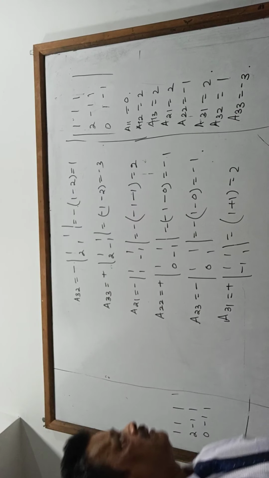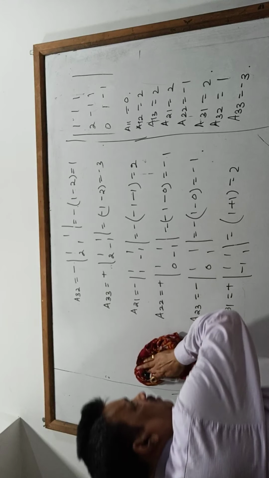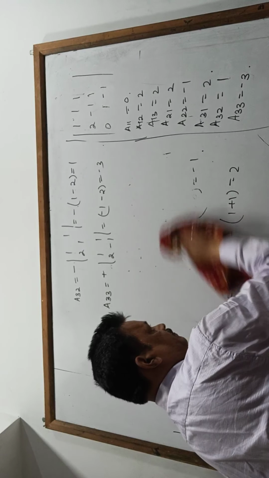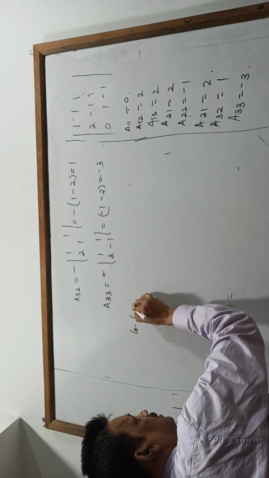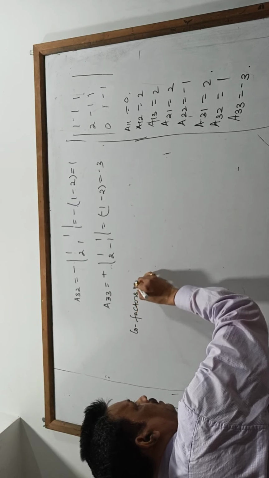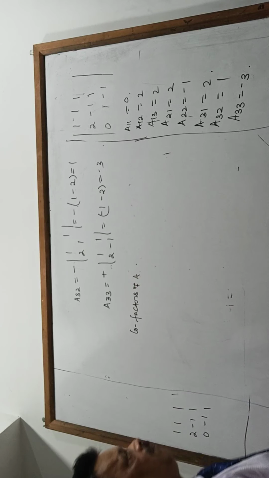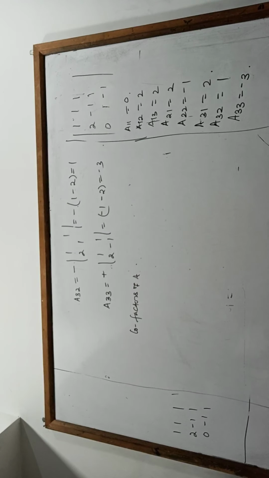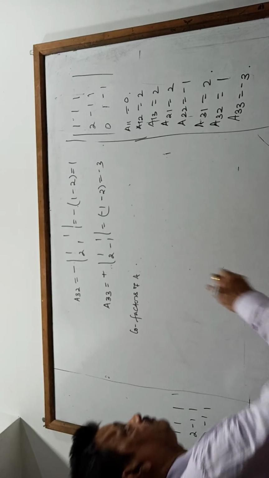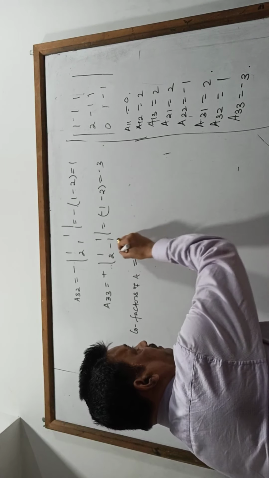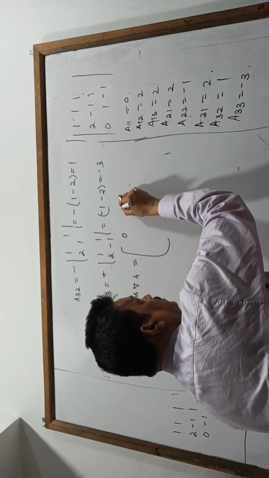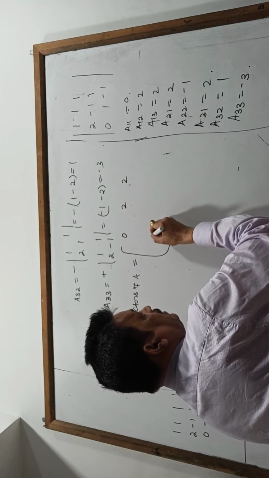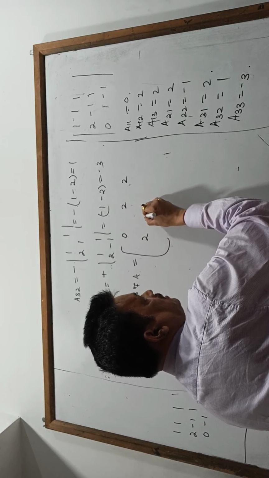Okay. Now, what are the cofactors of A? Write the values. You will go serially. 0, 2, 2. Then 2, minus 1.